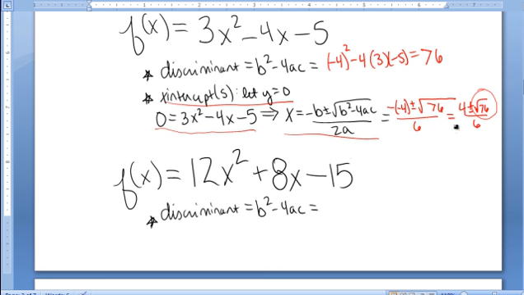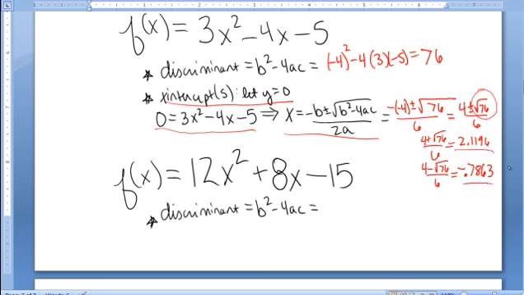There are two different answers here. We have 4 plus square root of 76 all over 6, and if you pull out your calculator, you'll find that that is about 2.1196. The other solution is 4 minus square root of 76 over 6, and that is about negative 0.7863.